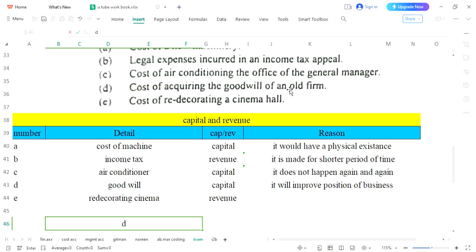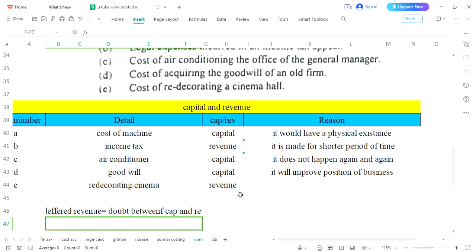We haven't discussed it before. Deferred revenue is where there is doubt whether it is capital or revenue. When you are doubtful, it should be called capital. Then suddenly you realize that it should be called revenue. So you are in between capital and revenue, then you may call it deferred revenue. So if you have a doubt about redecorating cinema, you may call it deferred revenue.